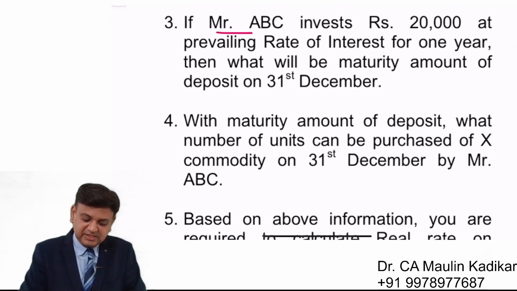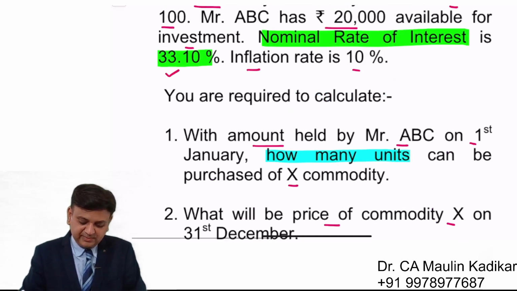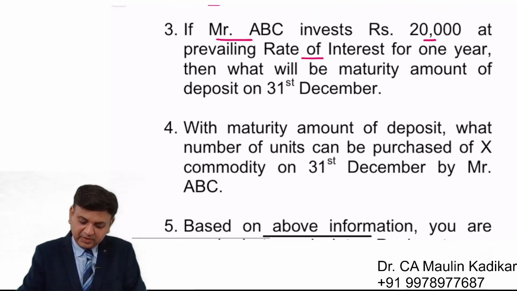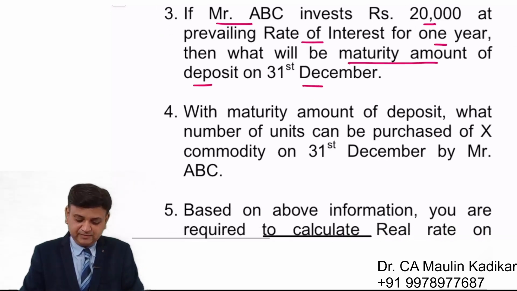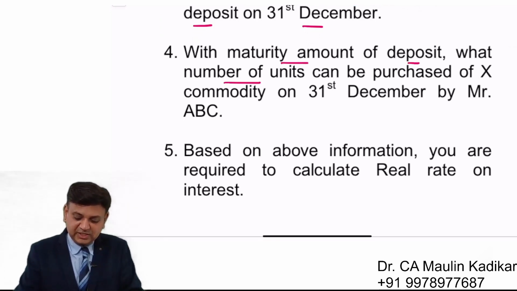If Mr. ABC invests rupees 20,000 at the prevailing rate of interest, that is 33.10 percentage for 1 year, then what will be the maturity amount of the deposit on 31st of December? With the maturity amount of the deposit, what number of units can be purchased of X commodity on 31st of December by Mr. ABC?